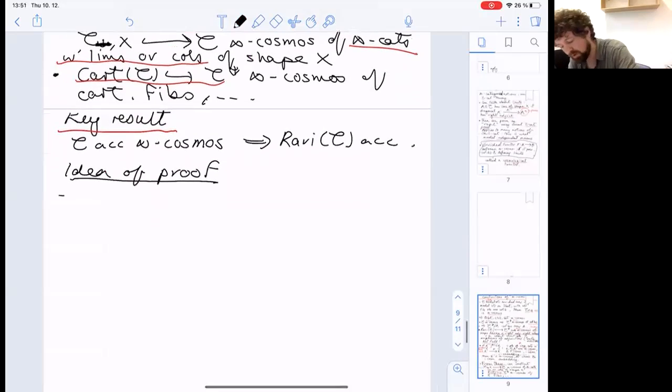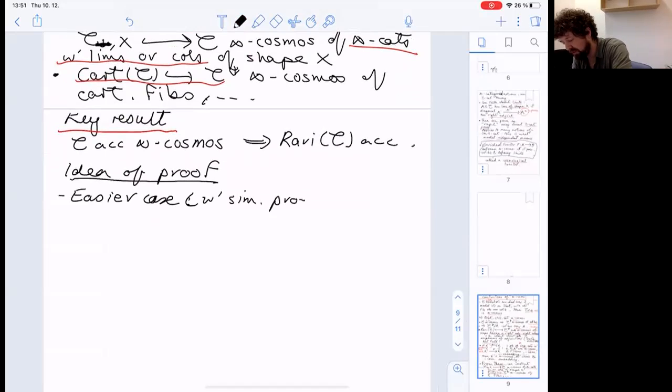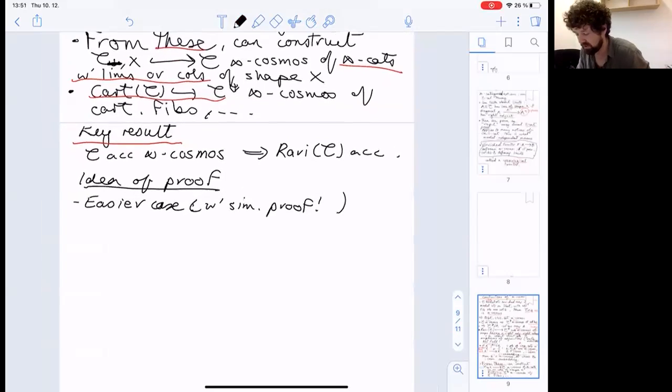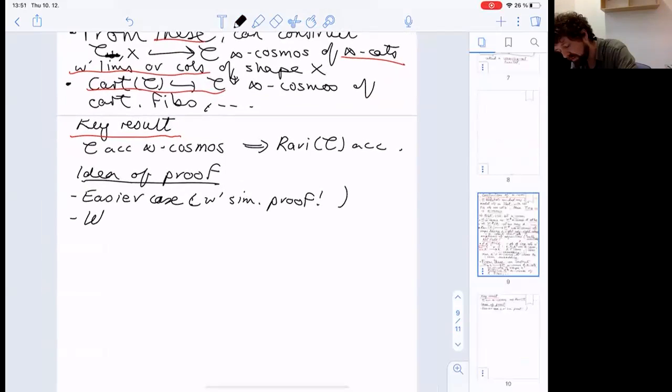I will just prove an easier case with a similar proof. So if you think about the proof for this case, then you'll get the idea of how to prove the thing for Raris. So the confusing thing is this case does admittedly admit an even easier proof, but don't think about the easier proof.